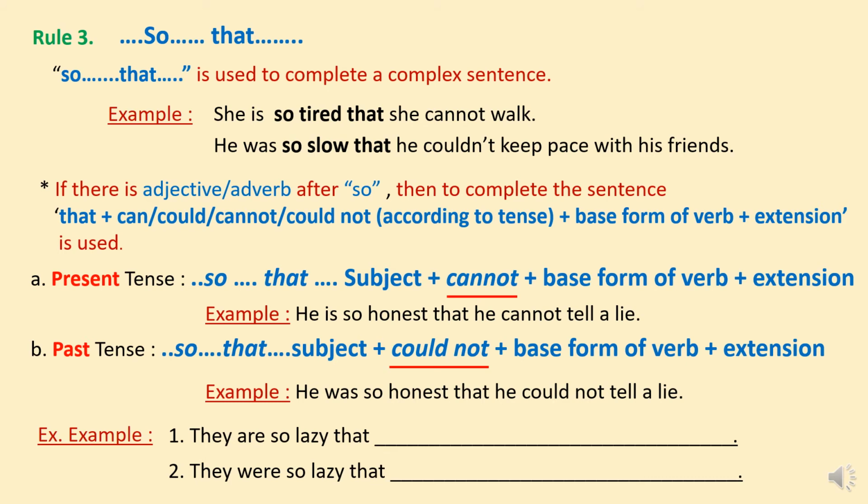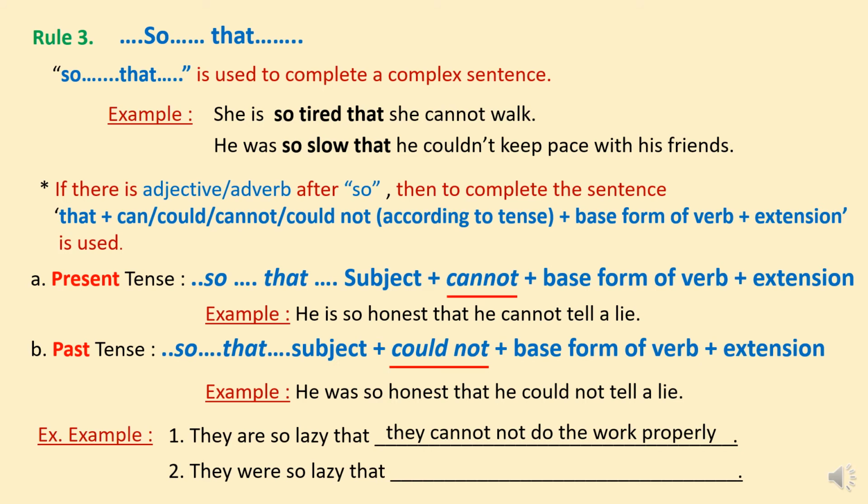So according to our rule, they are so lazy that we have to choose the subject and accordingly, that is according to the tense, it will be cannot, that is, subject they plus cannot plus verb base form do, and that is the extension part, or you can say the work is the object.